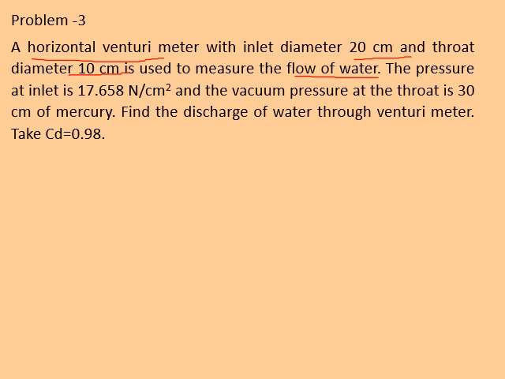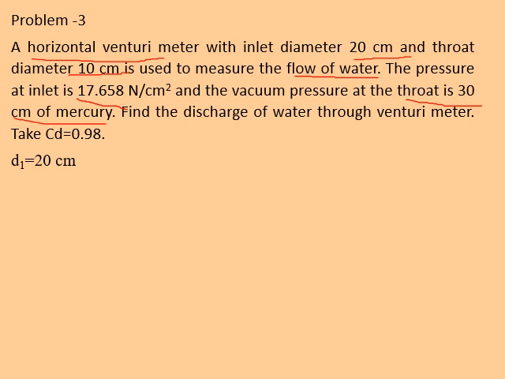The pressure at inlet is 17.658 Newton per centimeter square. There is a vacuum pressure at the throat section, that is 30 centimeter of mercury. Find the discharge of water through the venturimeter. So now we want to find out the value of Q, and the coefficient of discharge is 0.98.